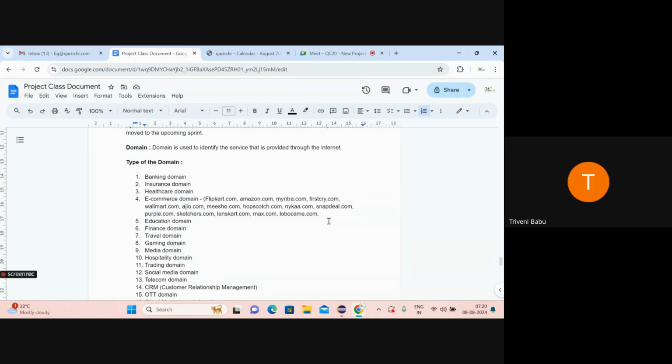DMart Ready apps. DMart also provides delivery. Yes. Okay. Big Basket. What else?